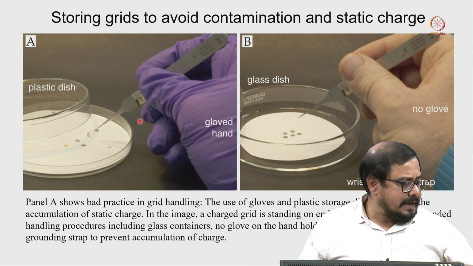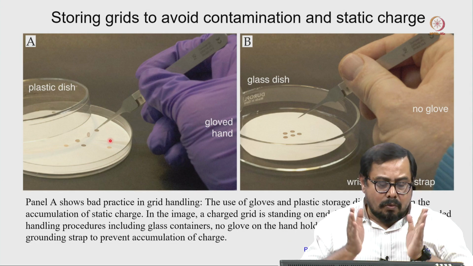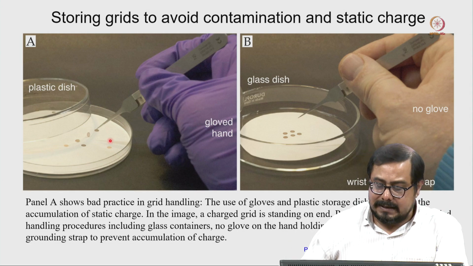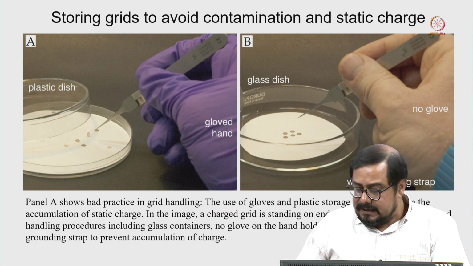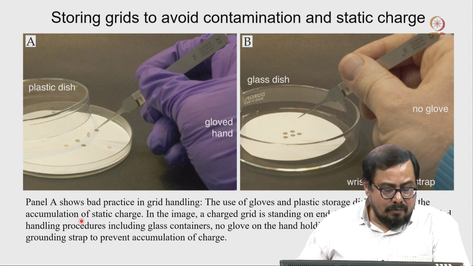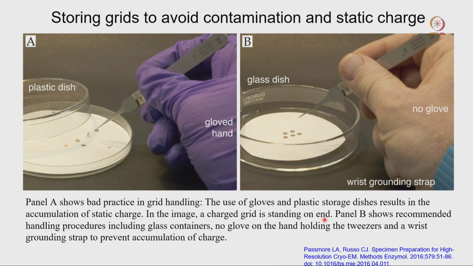And now the next step. One more important part is that the use of gloves and plastic storage dishes results in the accumulation of static charges. In the image, a charged grid is standing on end.